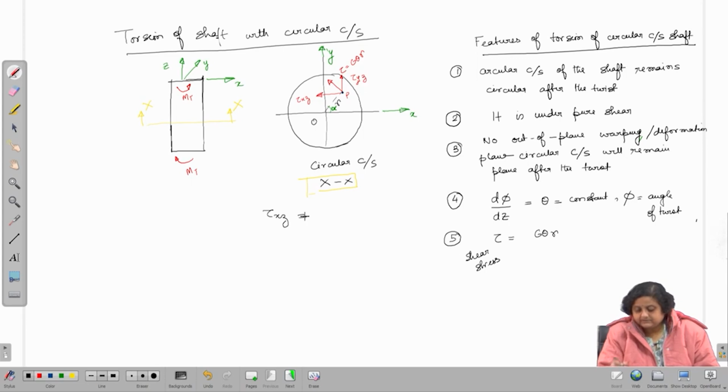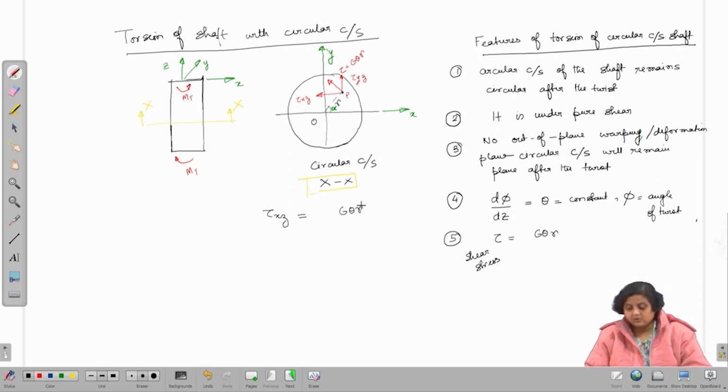Let us write down the expression for tau xz. Tau xz is going to be minus tau sin alpha, where alpha is the angle the point P makes with the x axis. So, tau xz can be written as G theta r, which is the expression for tau, into sin alpha.